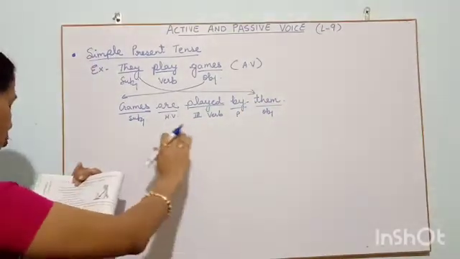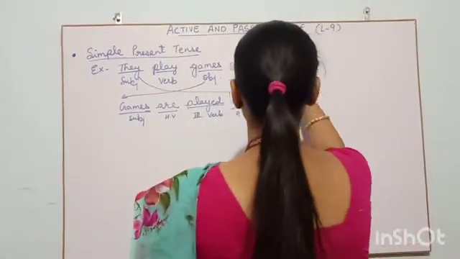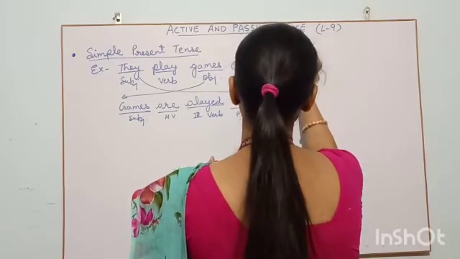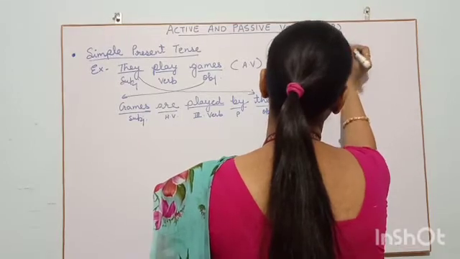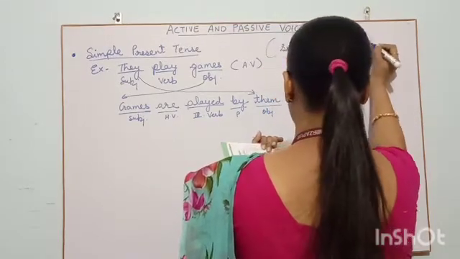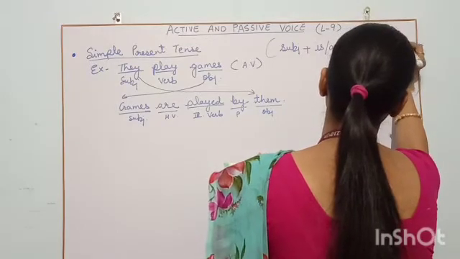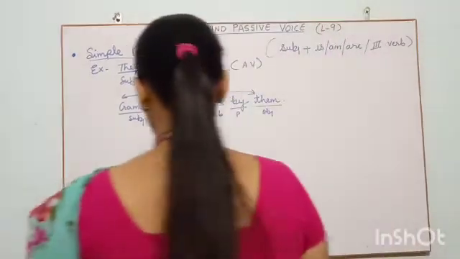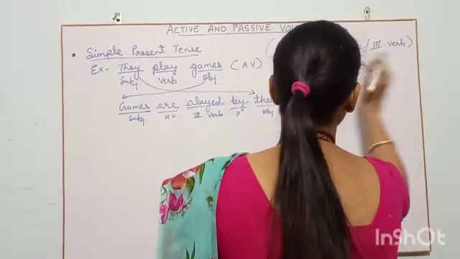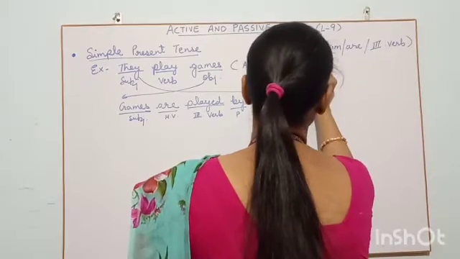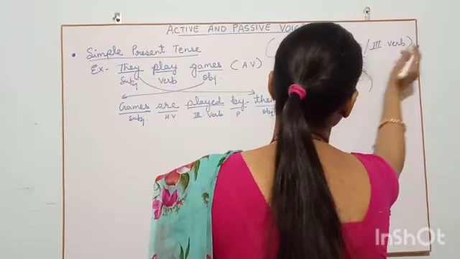If I want to put a formula to it, what will be the formula of simple present tense? It will be subject plus is, am, are, then the third form of the verb, followed by its object and all, plus by plus object.